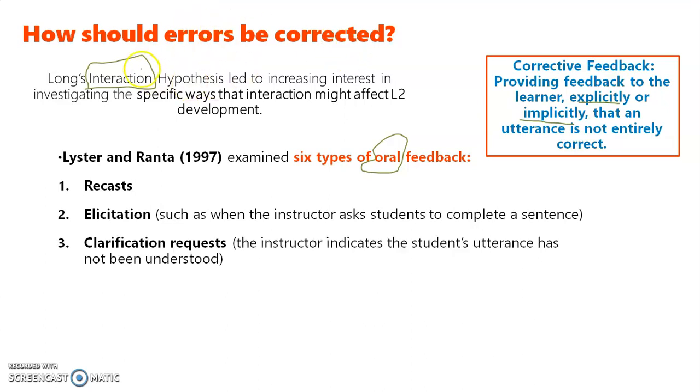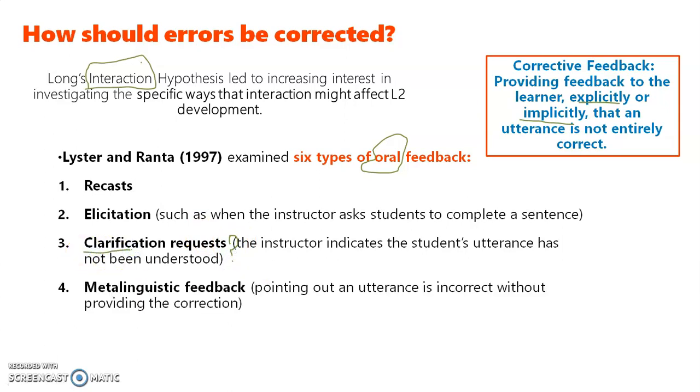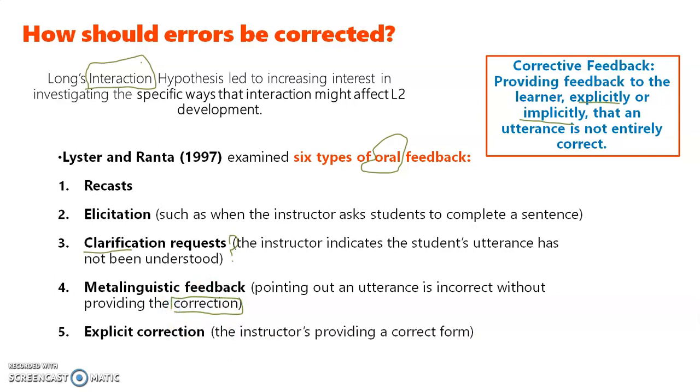Clarification request, as in the teacher asking the student, what do you mean? Excuse me, could you repeat that again? Asking for clarification. Metalinguistic feedback, that is when the teacher points out the utterance is incorrect without providing the correction, explaining a rule but not giving the correct answer.